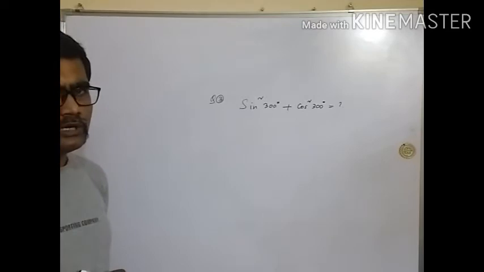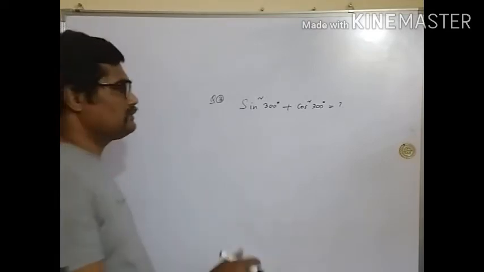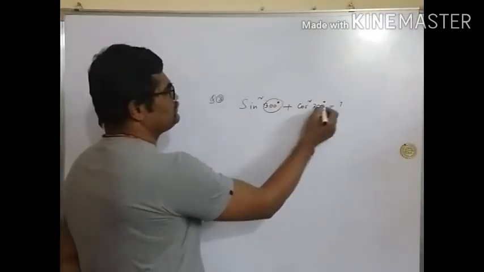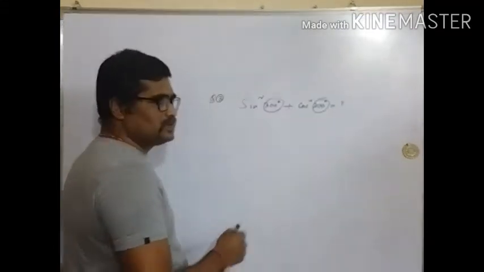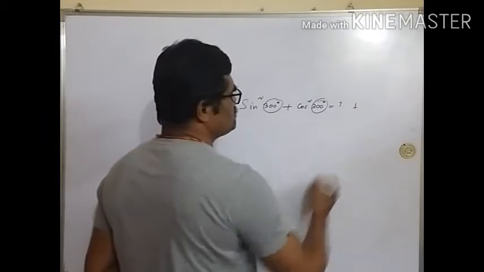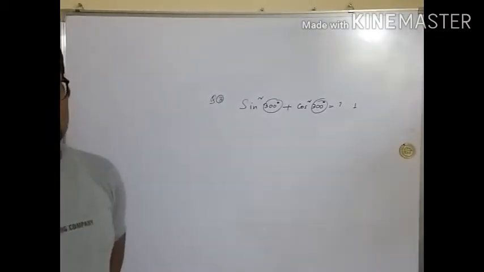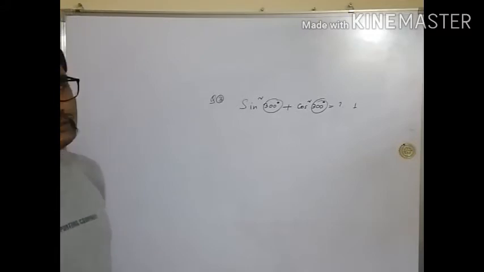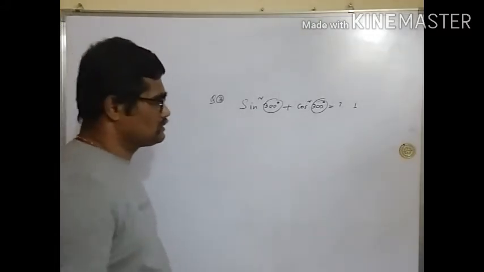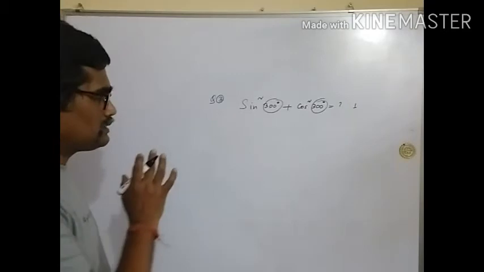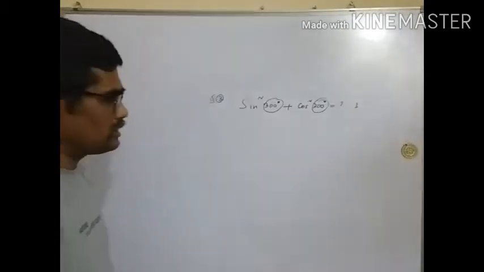You need not think about that, because your identity says if both angles are the same theta, then this value is always 1. So do not fall for this trick. Your formula is valid for all such angles. Make sure that you are clear about the formula.